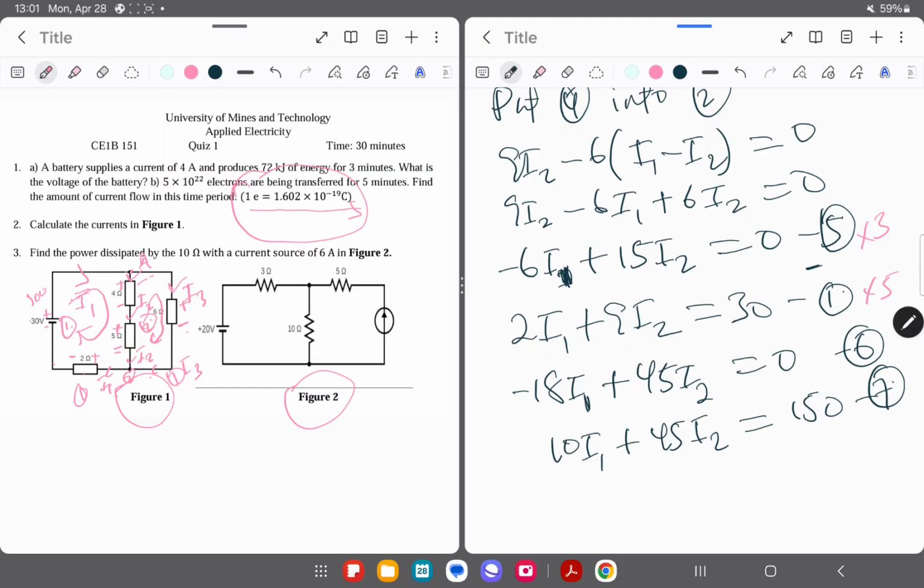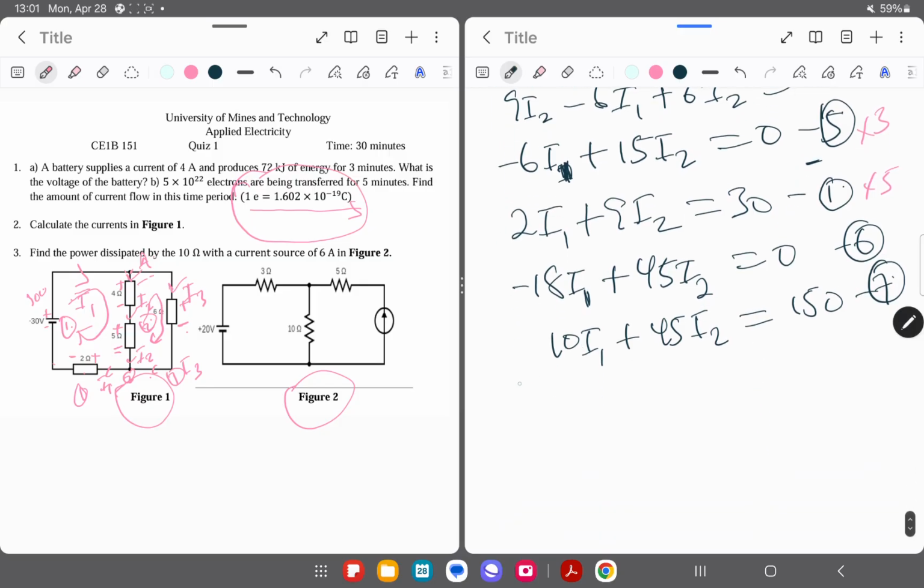So I have these equations here. Now I'm going to simplify so that we are subtracting. So this is minus 18 minus 10, so here minus 28 I1. 45 minus 45, you get 0. So here we have 0 minus 150, minus 150.